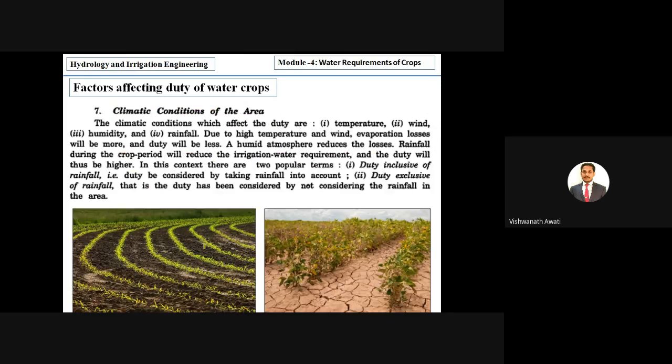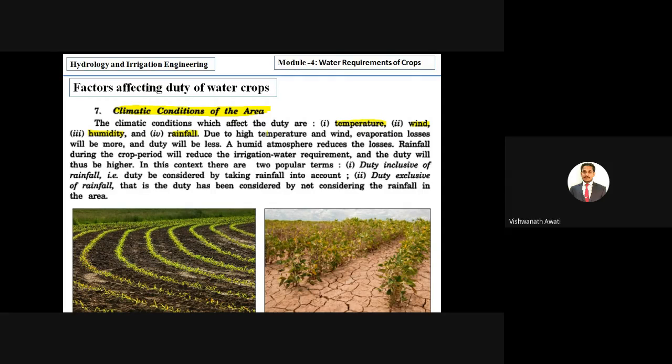Next, seventh point, climatic condition of the area. Mainly it is related to water availability of the area or moisture content of the soil. If moisture content is good, less water is required and duty will be more. Climatic conditions which affect the duty are temperature, wind, humidity and rainfall.